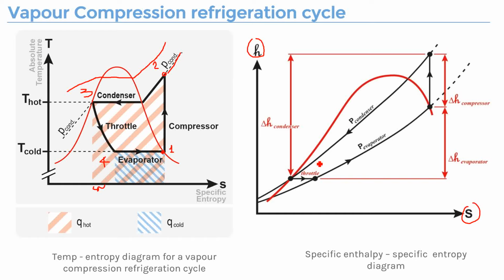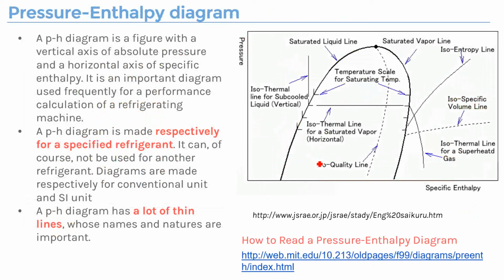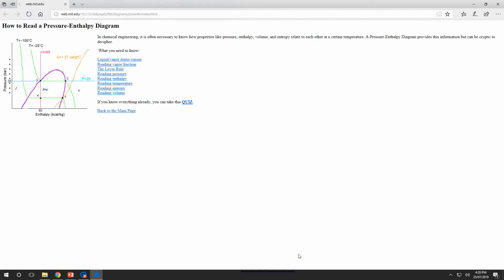And another thing, I'm not sure how familiar you are with this diagram, but either you go back to your thermodynamics and find some notes about that, or I did find a website that's quite cute made by MIT.